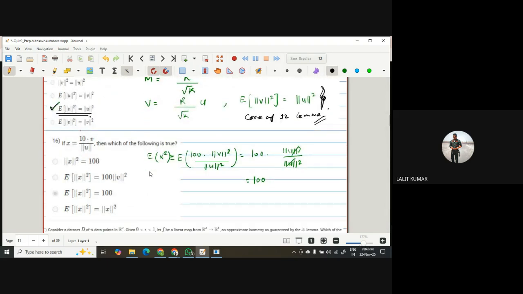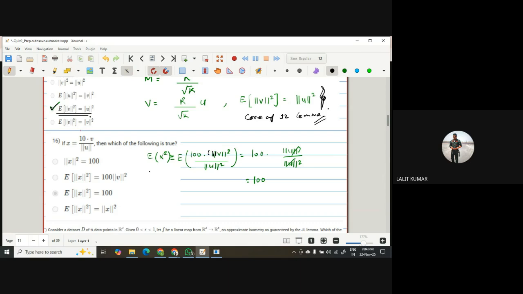Now they have asked X is equal to 10 into V divided by U, then which of the following is true? So here they are asking the value of basically expectation of X square. So expectation of X square, you put the values. This will become 10 V whole square by U square. 10 becomes 100. This becomes V square expectation.